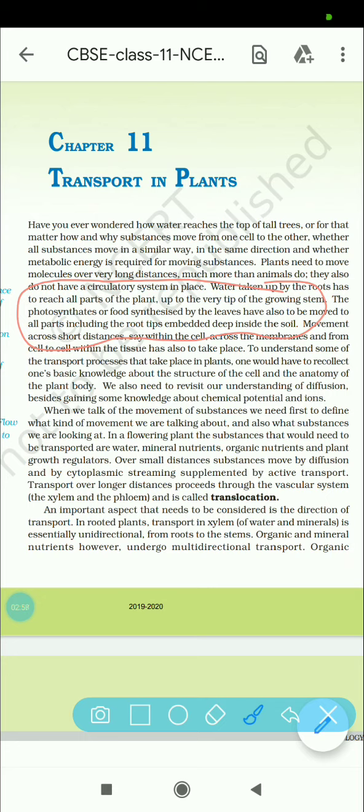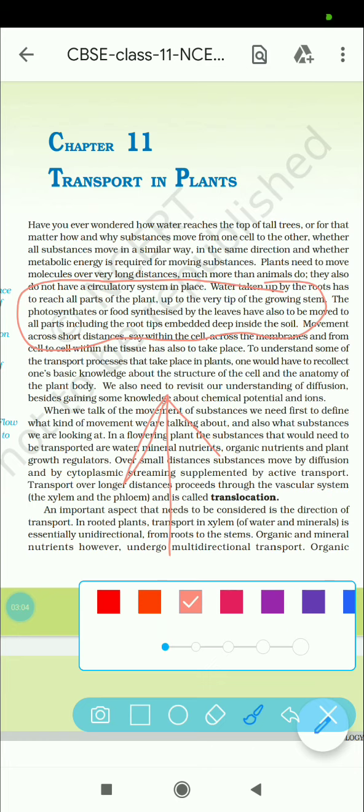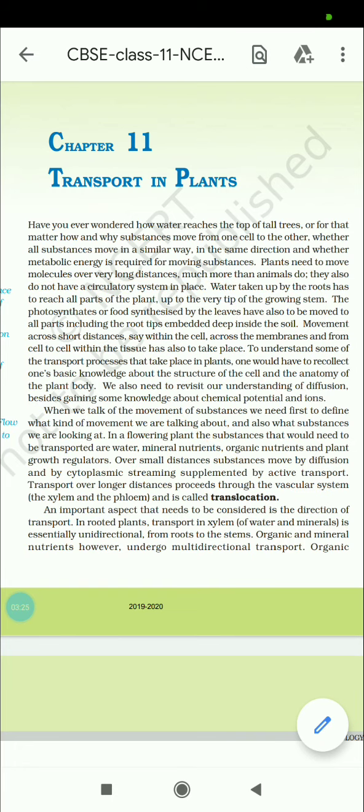As we know, certain substances from the root will move towards the upper side, whereas certain substances from the leaves will move towards the roots. So photosynthates will move from leaf to root, while water and minerals will move from root to leaf. I hope you know that. That is what they're trying to explain in the first paragraph.